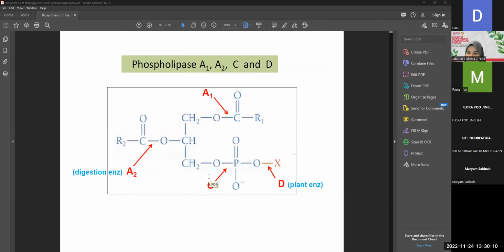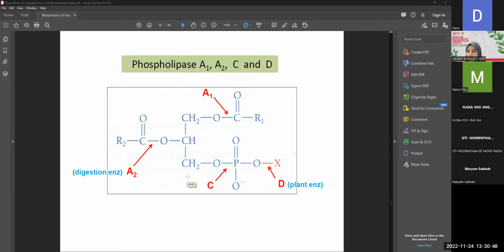Now let's look. Every enzyme has its own specific location. A1 acts at carbon 1, A2 at carbon 2, C acts here at the phosphate, and D breaks down the linkages between any component that links to the phosphate group.